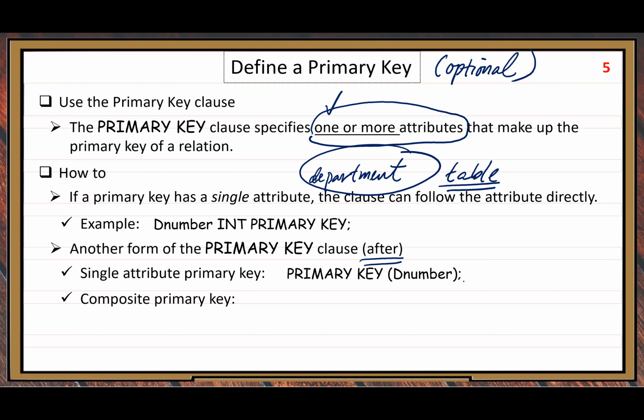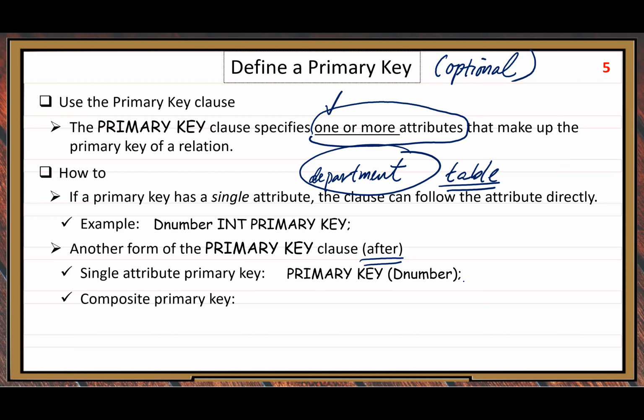The first way I can call the inline way. I didn't see a name for it in the textbook, but based on web technology terminology, we call it the inline way.